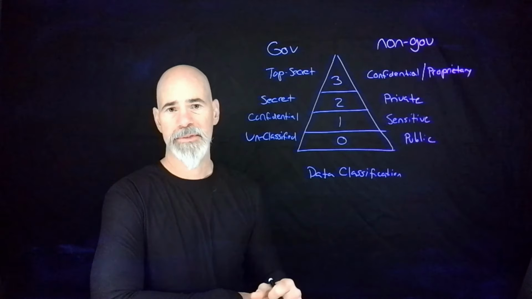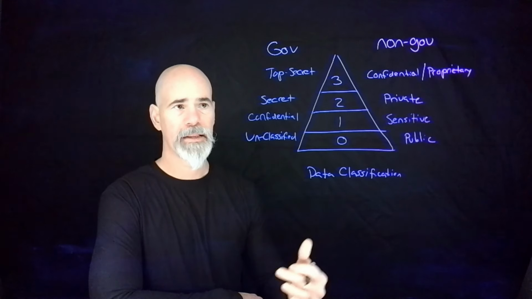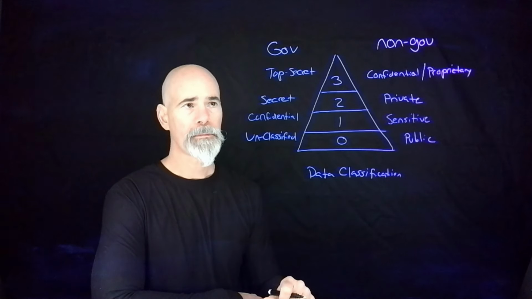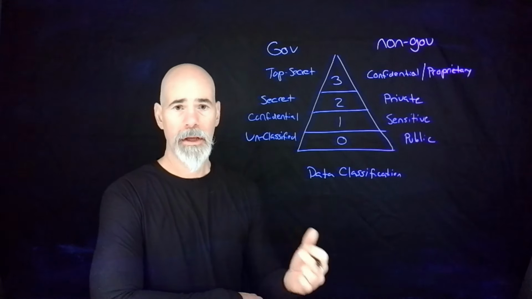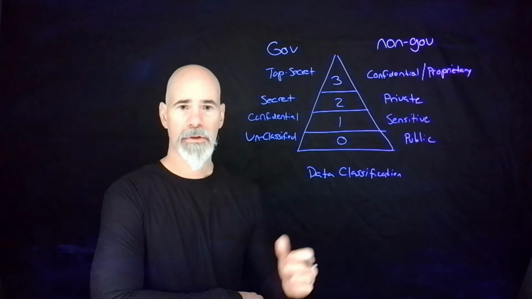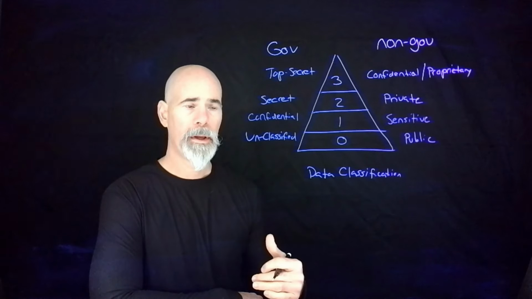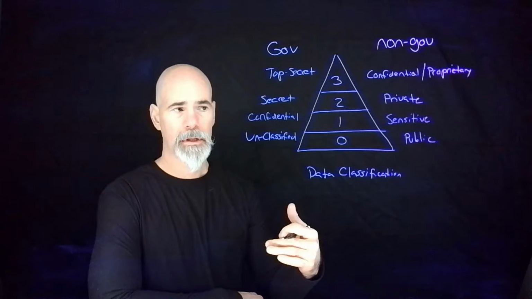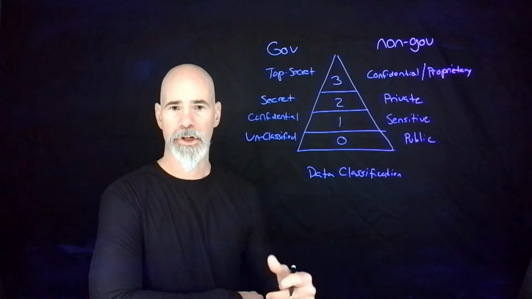We may be familiar with top secret, meaning it's data that has very broad impact in terms of damage. From a government perspective, that could be plans on military activity or plans on engineering around certain critical infrastructure.